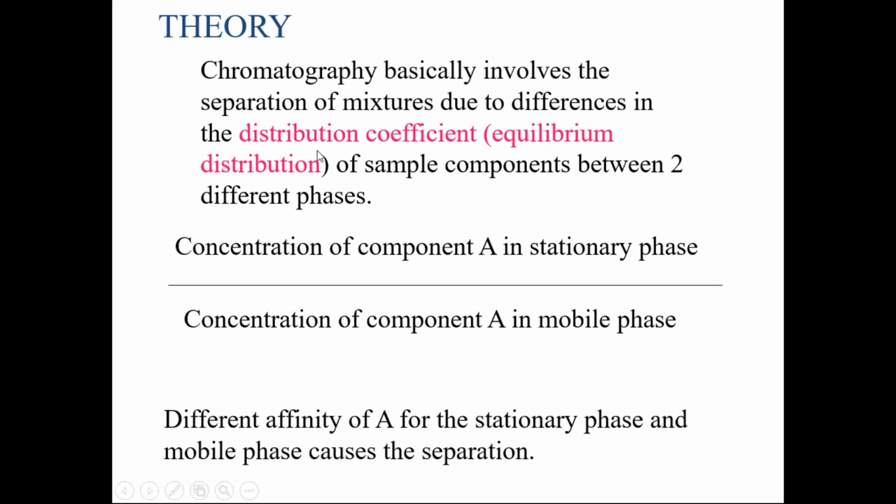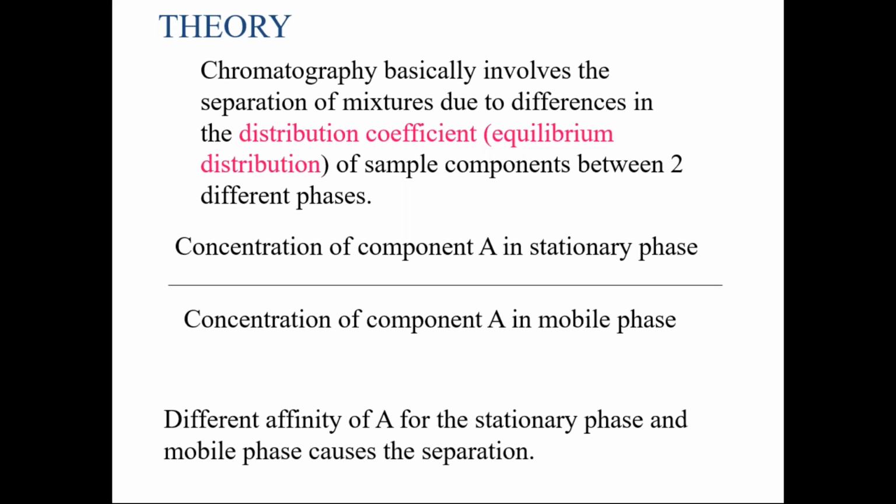The distribution coefficient, or the equilibrium coefficient, is given by the formula: concentration of the component A in the stationary phase divided by the concentration of the component A in the mobile phase. So the differential affinity of A for the stationary phase and the mobile phase causes the separation. Remember this, it is the distribution coefficient.